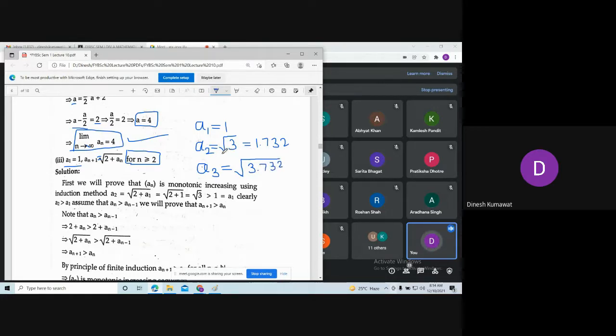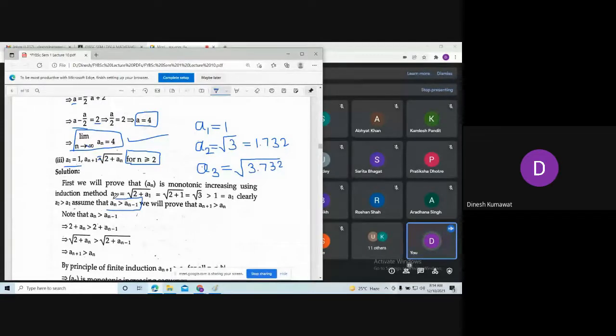Now you can see here I have 3 inside the root for a2, and here I have a number which is bigger than 3 inside this root. So what is the relation between a2 and a3? a3 is bigger than a2. So it is clear that we are getting terms which are increasing, but you need to give an explicit proof to check that this happens.